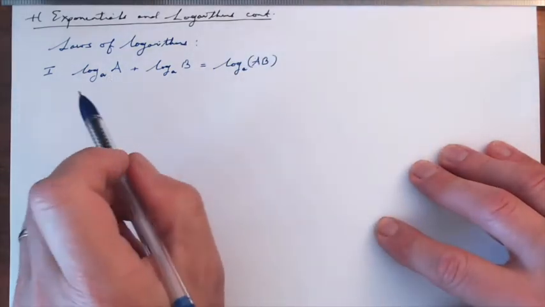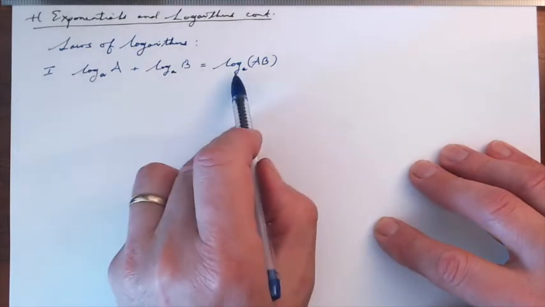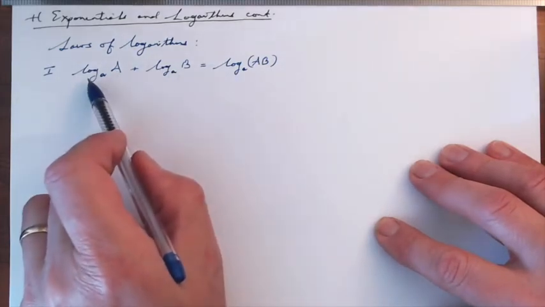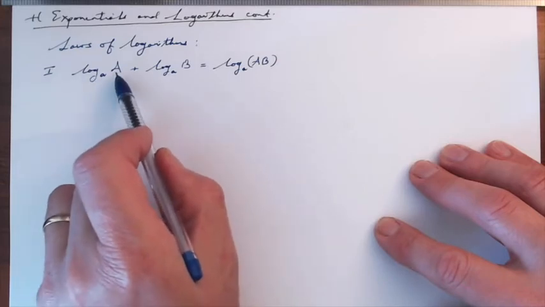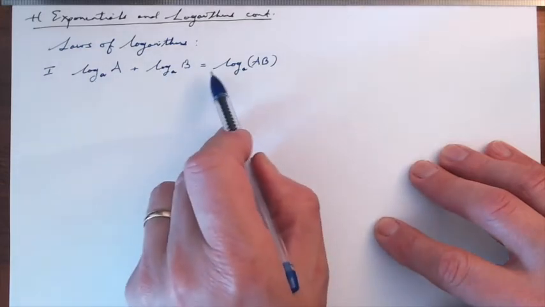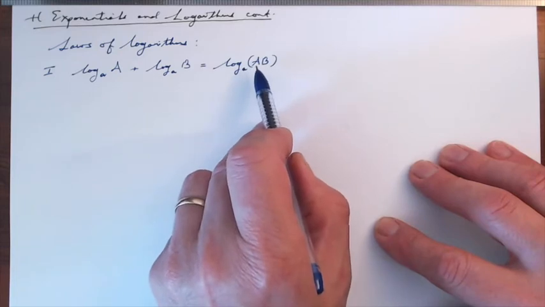So we're essentially concatenating two logarithms into one, and we're essentially saying that the log of a number plus log of a different number is the same as the log of the product.